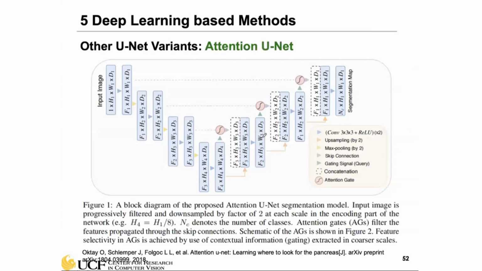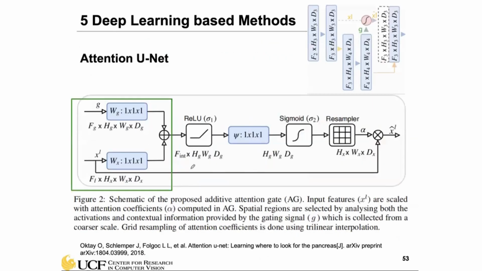Okay. So this is a detailed architecture of this attention unit. They have different operations, indicating different feature maps at different layers. And this is the graphic illustration of their attention unit. So how is the attention being generated? This is a gated additive attention gate.